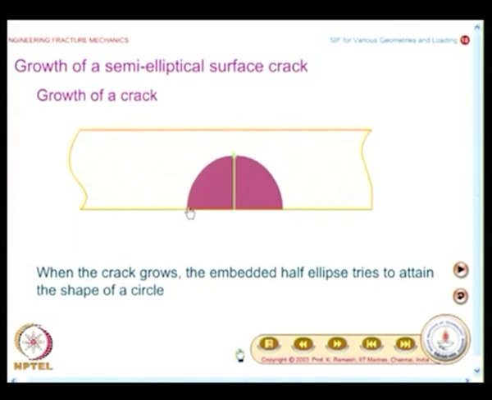In the case of a surface flaw, what happens? You have a nice combination, stress intensity factor is higher in this zone of the crack front. Not only this, the fracture toughness that is to be used for propagation of this has to be plane strain fracture toughness, which is usually less than plane stress fracture toughness.